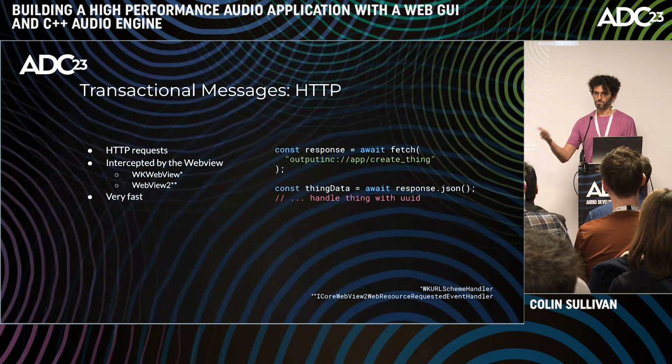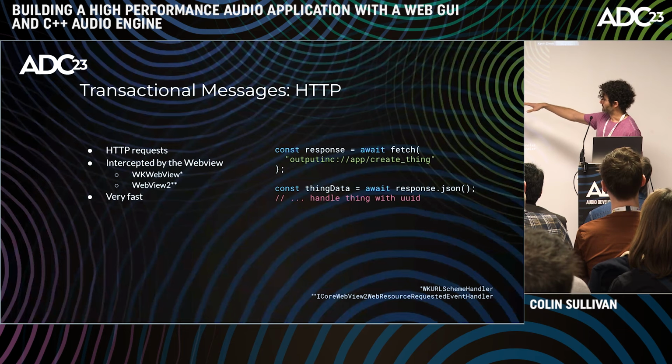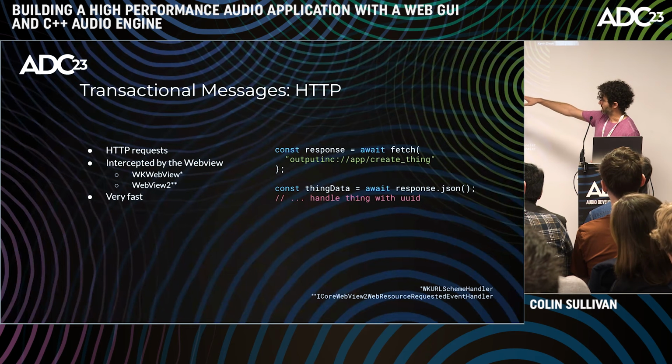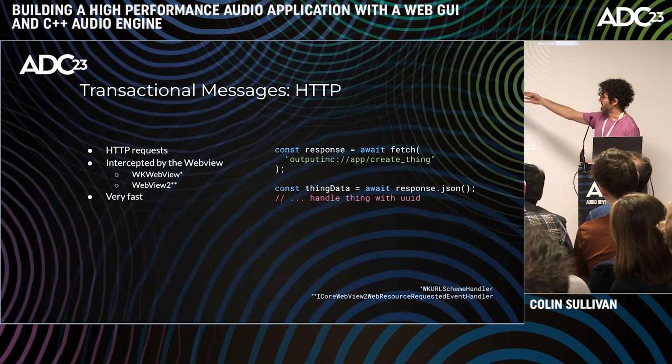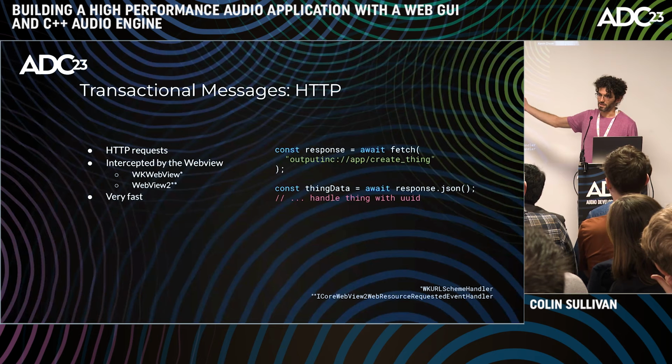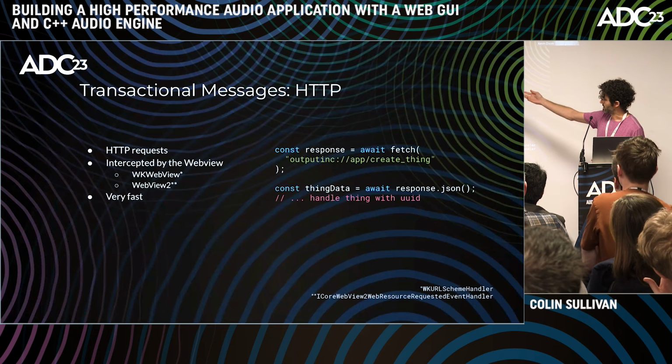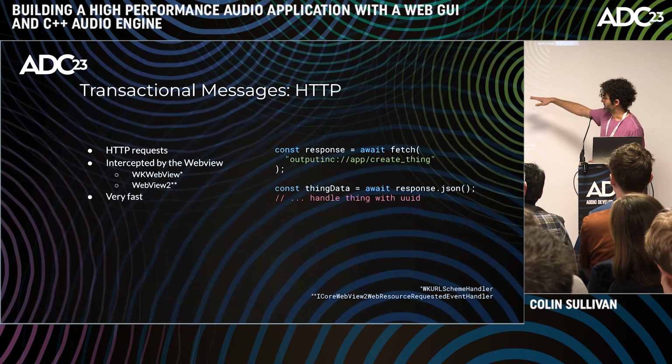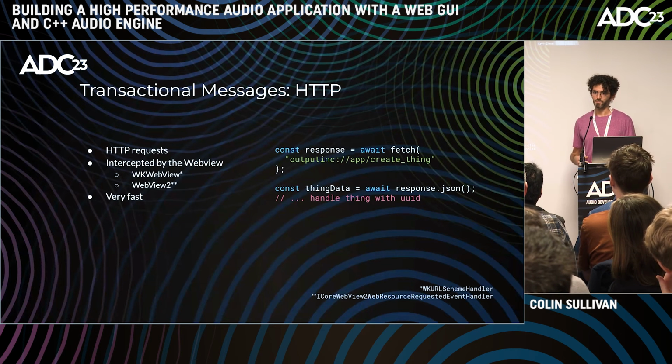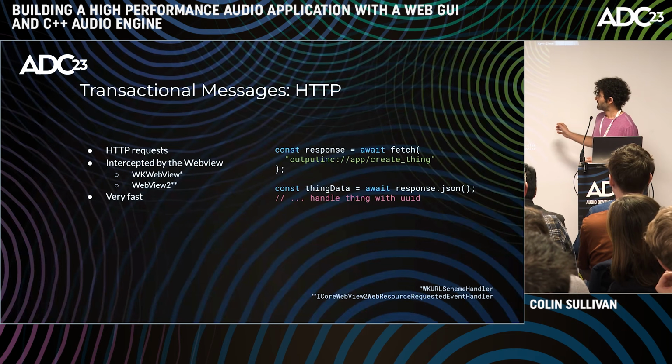The C++ side just intercepts the request and responds to it in memory. So you can see on the right here now, instead of fetching an HTTP URL, it's something we made up. Actually, on Windows, I don't think it works like that, but you get the idea. It doesn't hit a server. There's no network stack involved.